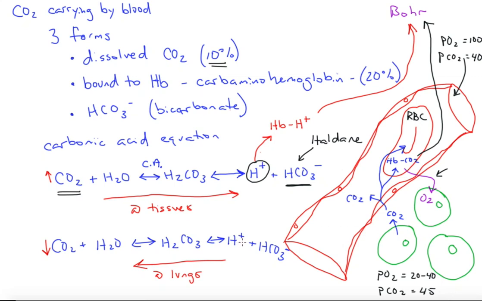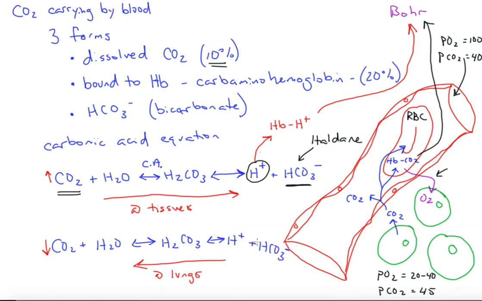Leftward shift of that O2 dissociation curve. Go back to the Bohr effect, a leftward Bohr shift at the lungs. And again, that's good, because you want high affinity for oxygen at the lungs. It's where we want to pick it up. So as this reaction is drawn to the left, the H plus will decrease. It will come off the hemoglobin.